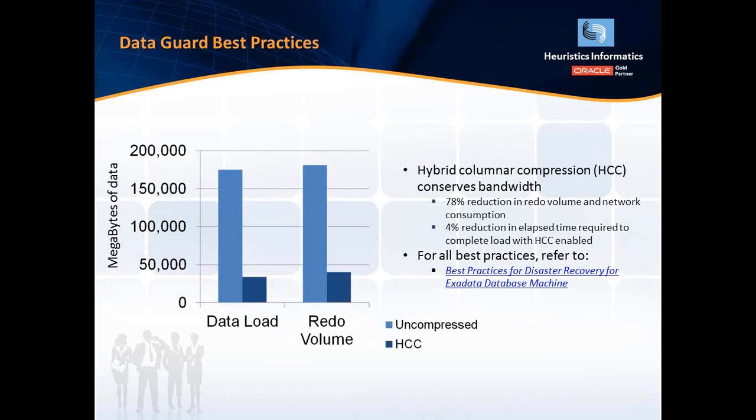However, there is up to a 78% reduction in the volume of redo and network that gets utilized, which obviously means that your apply or your transport is much faster because there's a 78% reduction in the amount of data that needs to be transported from one side to another.